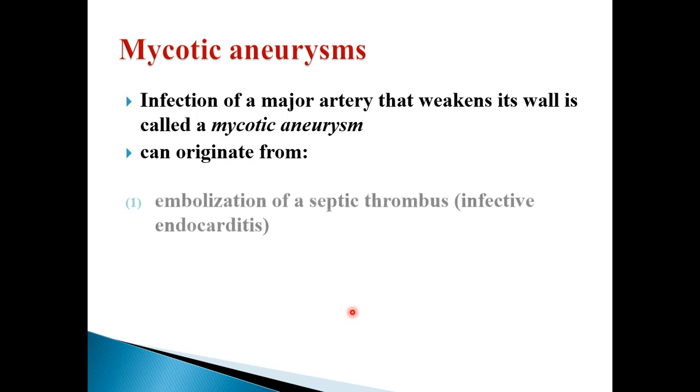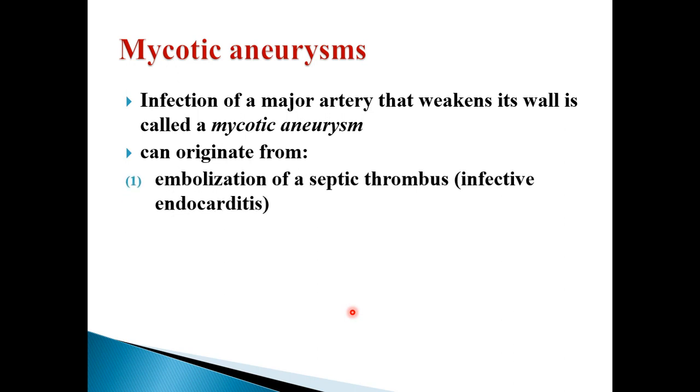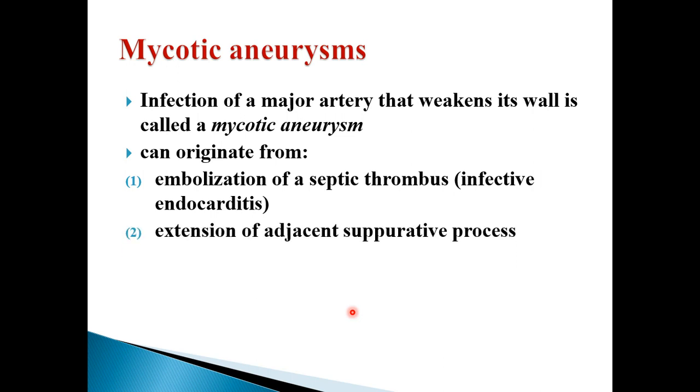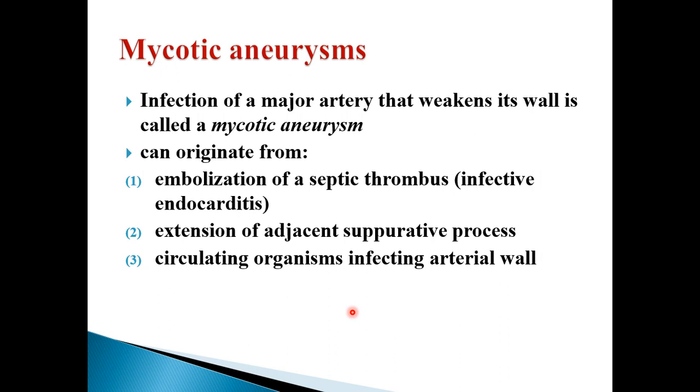This infection could originate from either an embolization of a septic thrombus, like for example what happens following infective endocarditis, or the infection could be an extension from an adjacent suppurative process, or there are some circulating microorganisms that will go and infect that arterial wall.